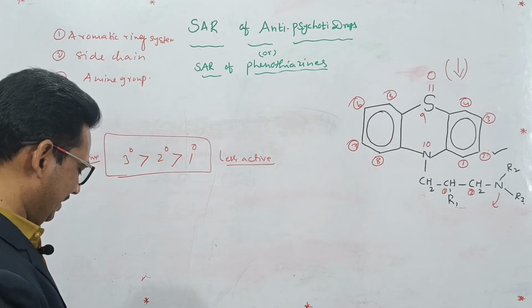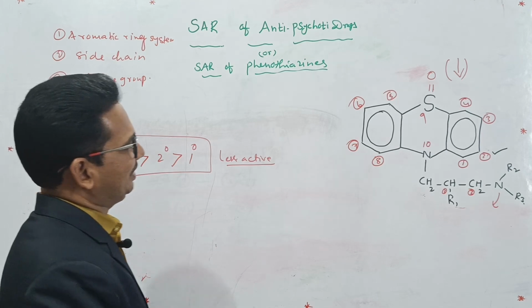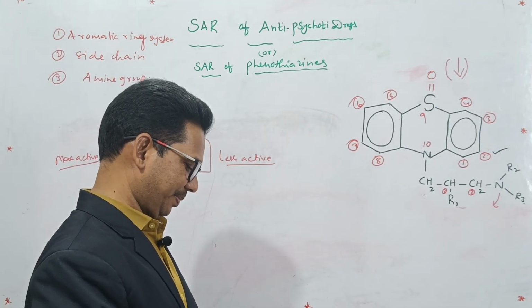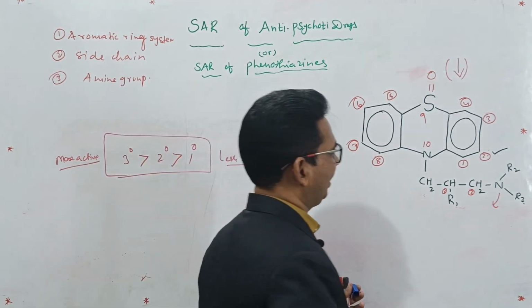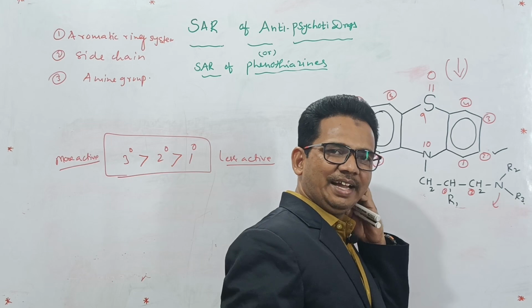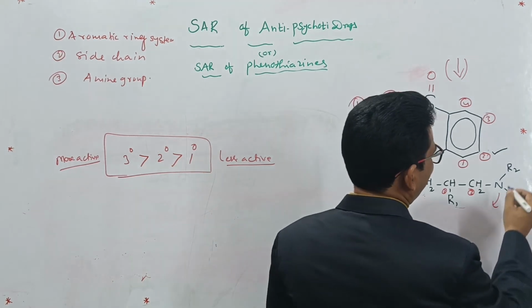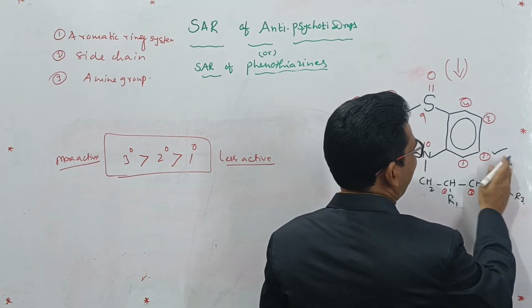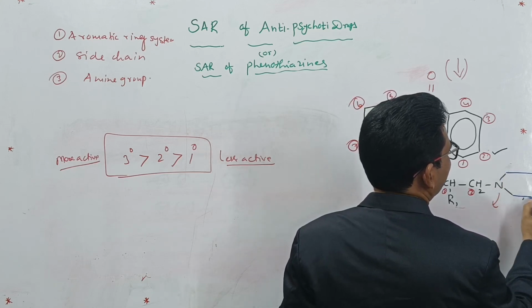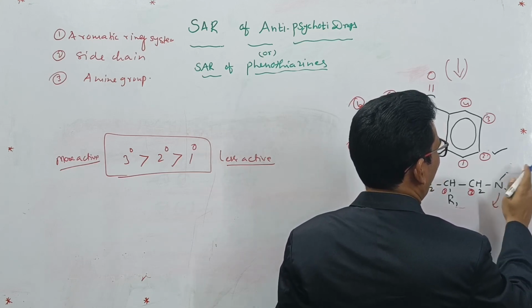But here in this case, especially the phenothiazine derivatives like fluphenazine or other derivatives like acetophenazine, all will have a heterocyclic moiety here. It means this tertiary nitrogen is converted to the hetero form.